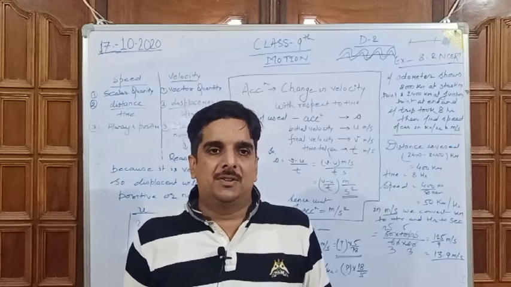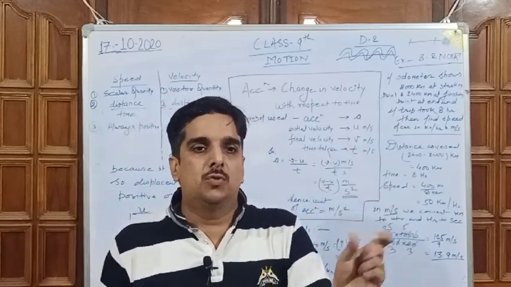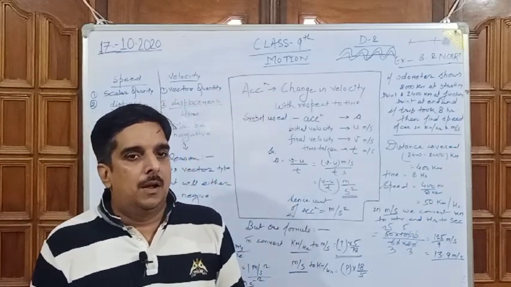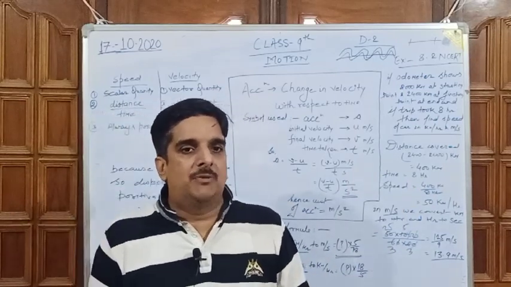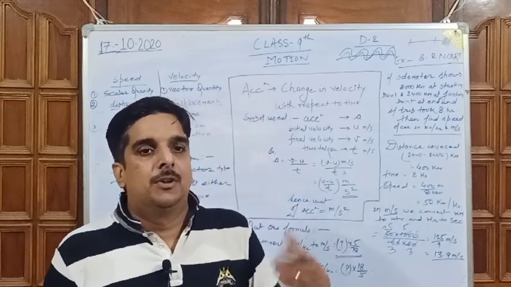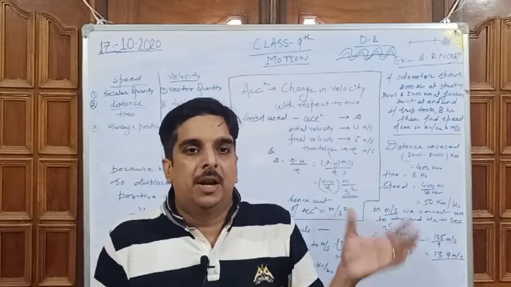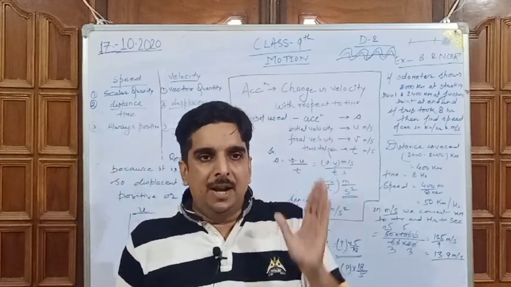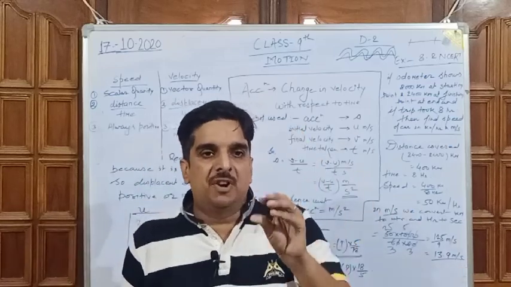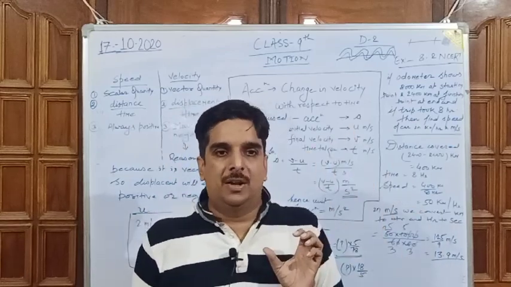When he completed the journey, he saw that the odometer is showing the distance 2400 kilometer, and after seeing the time taken by the man who is driving the car, the total time is equal to 8 hours. It means that in 8 hours of time, a man travels from 2000 to 2400 kilometer.